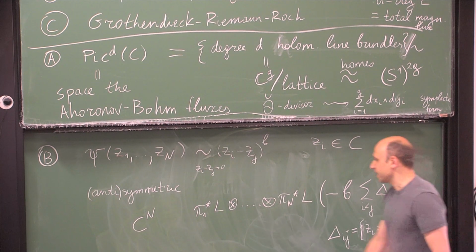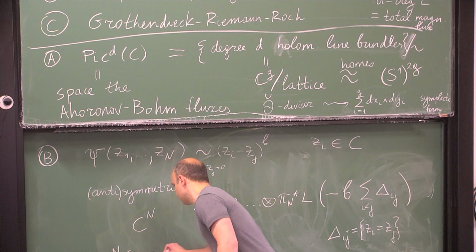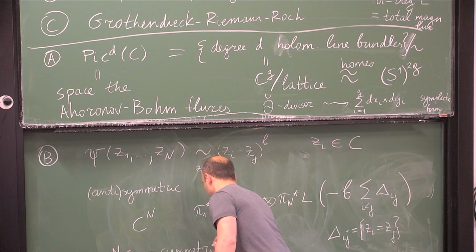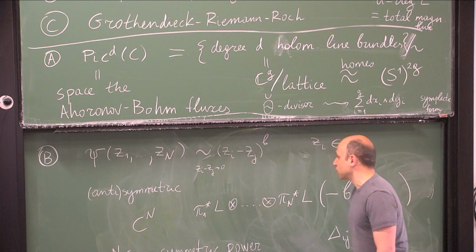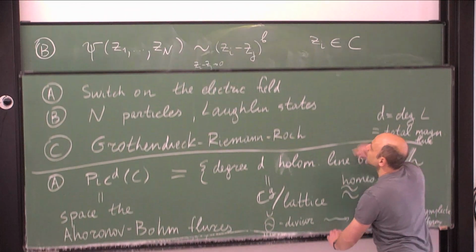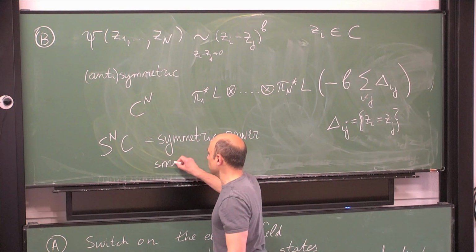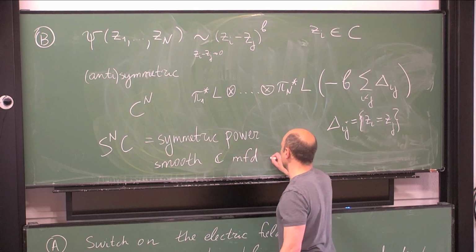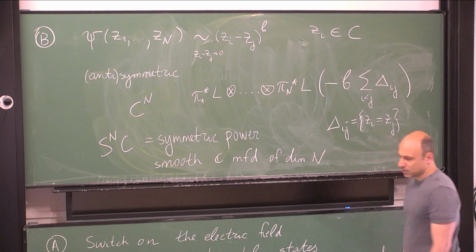But actually we can instead take the nth symmetric power. And this is a smooth complex manifold of dimension n. So why is it smooth?